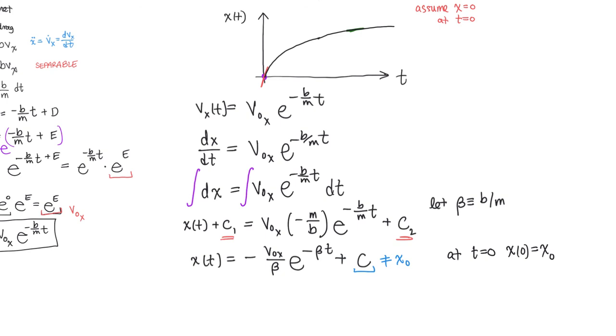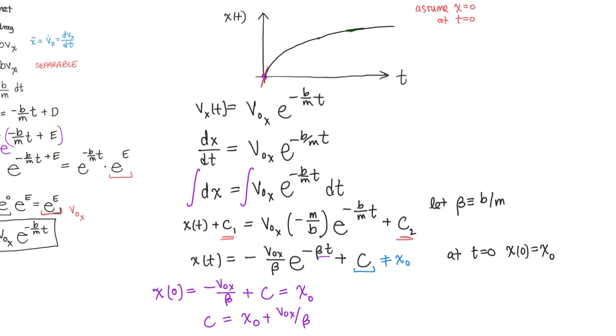Let's try and see what happens. So if we put in t equals 0 into this equation, we will get minus v naught x over beta times e to the minus 0, or e to the 0, plus this constant. And that whole thing has to equal x naught. So what is the constant c? Well, it's x naught plus v naught over beta.